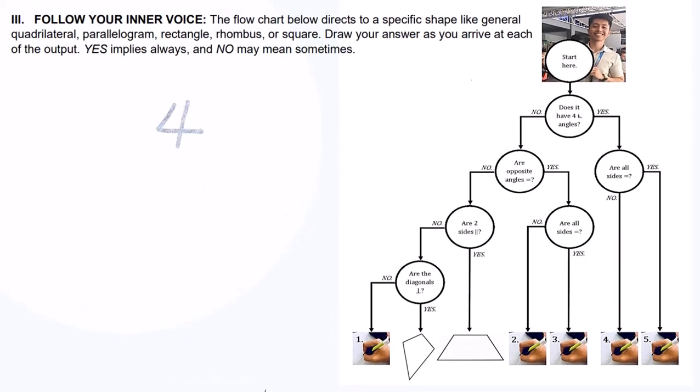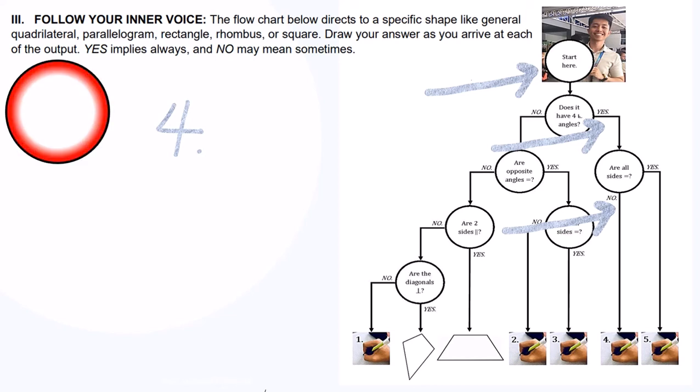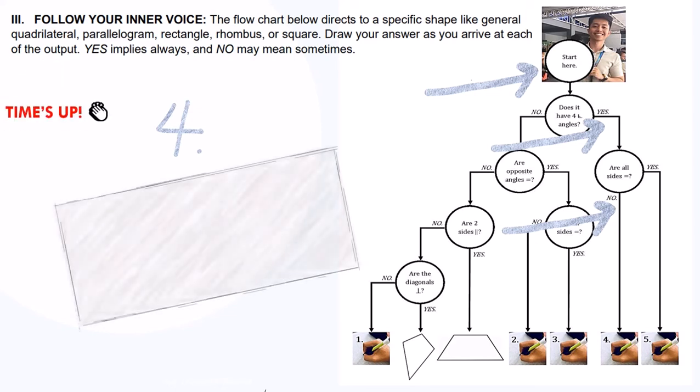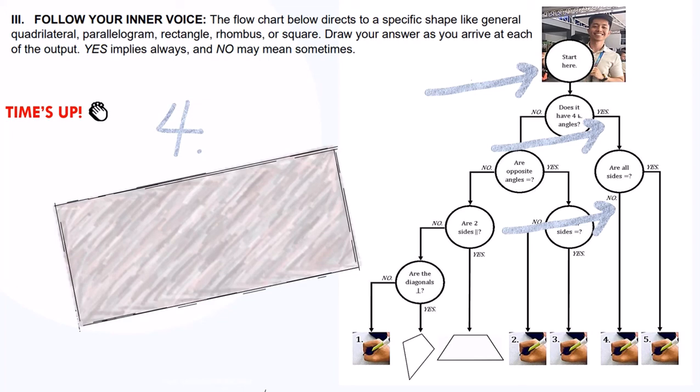Number 4. Start here. Does it have 4 right angles? If it is yes, are all sides equal? And if it is no, what figure can you draw? Your timer starts now. Correct answer is rectangle.